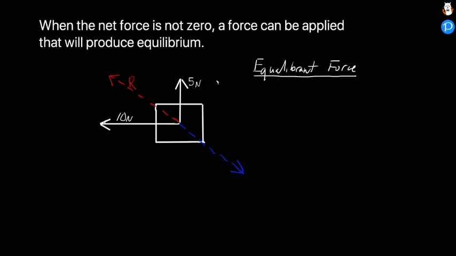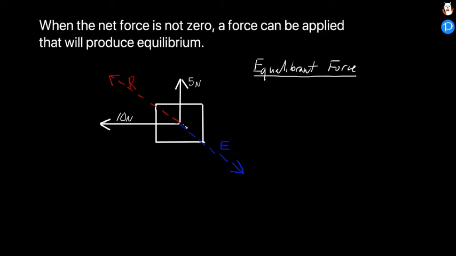Not only is it going to be in the exact opposite direction, we know that the direction has to be completely opposite, but it also has to be equal to whatever this force is. It has to balance it out. So I'm just going to label this force E for equilibrant.